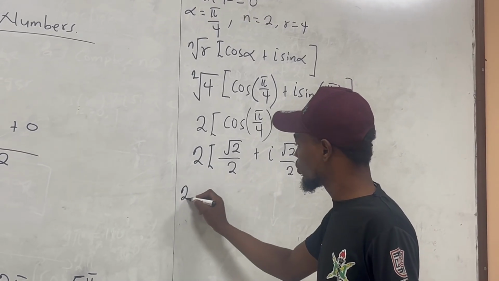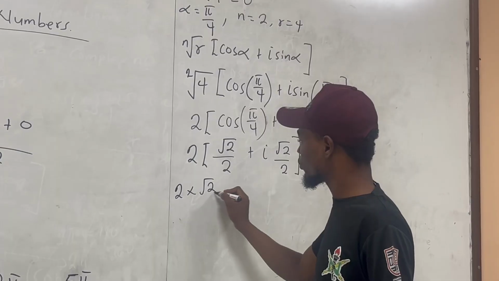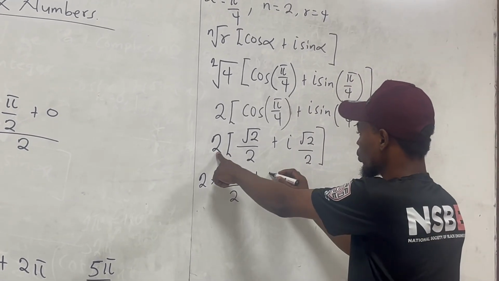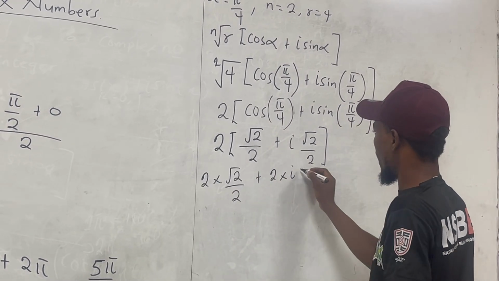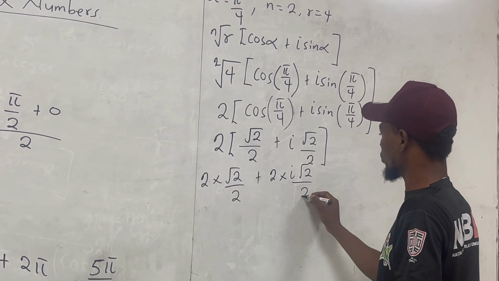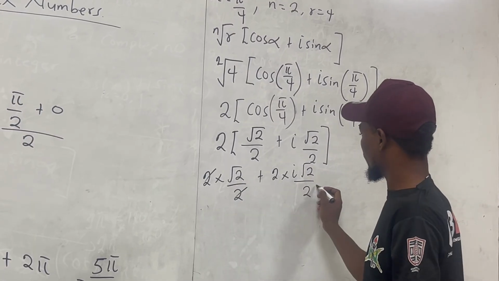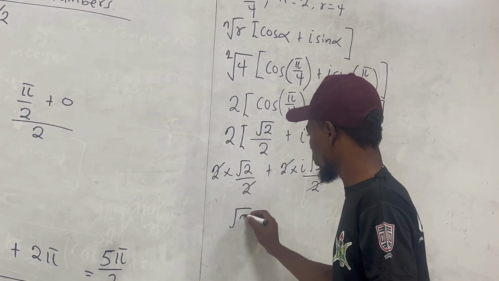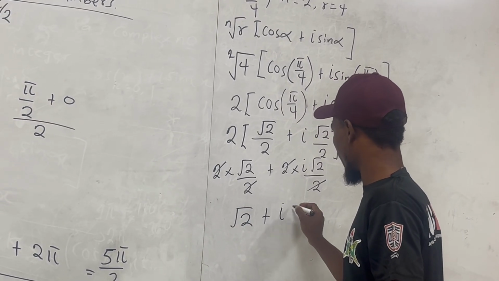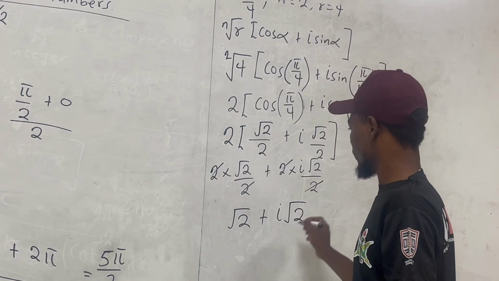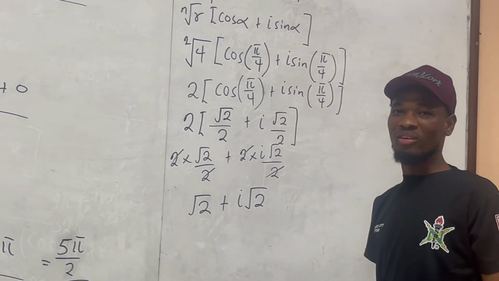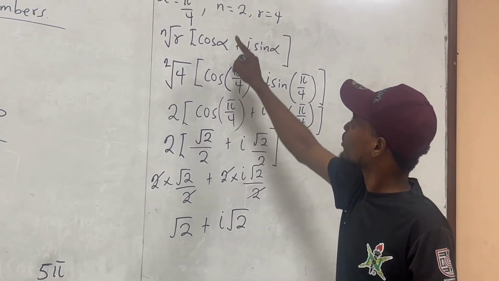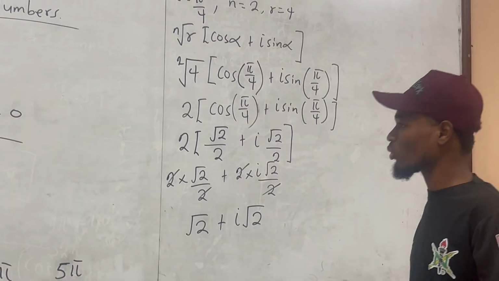So I have 2 times square root of 2 over 2, then plus 2 times i root 2 over 2. This cancels, this cancels. Therefore, the answer is square root of 2 plus i square root of 2. This is one of the roots, because we started from when k equals 0.